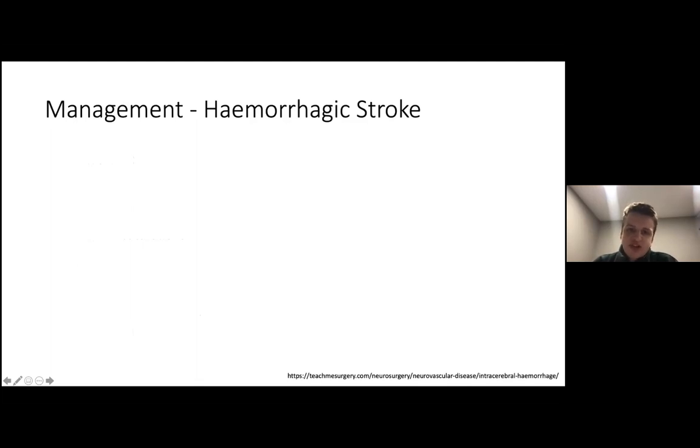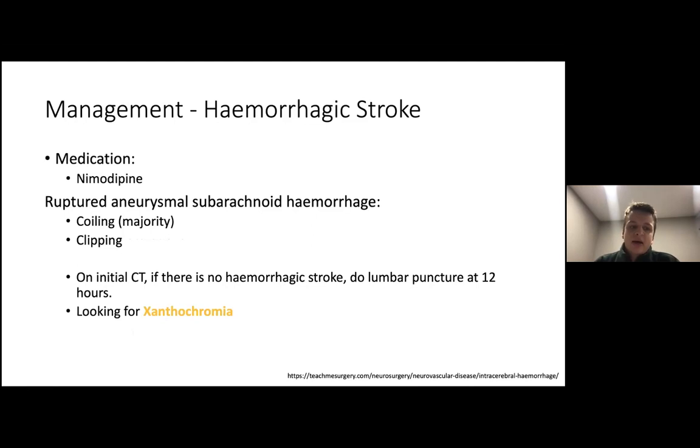So management of hemorrhagic stroke is different to ischemic stroke. You can give nimodipine, which is a medication which I'll talk about later. Aneurysmal subarachnoid hemorrhage, which this patient has got, can be treated by coiling or clipping. The majority in the UK are coiled.